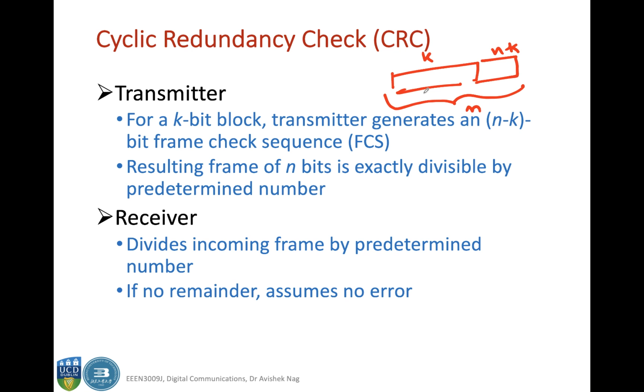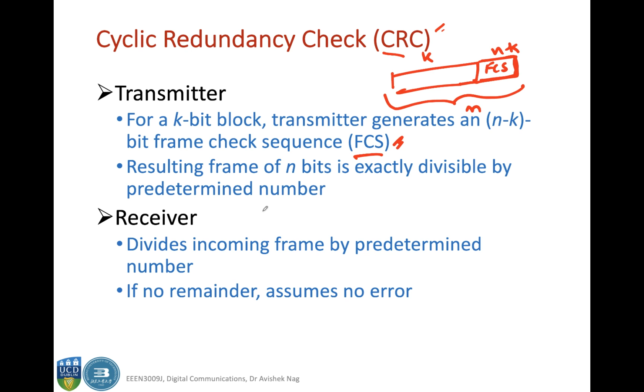This frame size is n, and this n minus k is the frame check sequence. In case of cyclic redundancy code, the n minus k check bits are called the frame check sequence. This is a term which is particular to cyclic redundancy code.